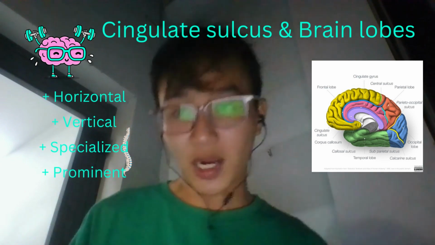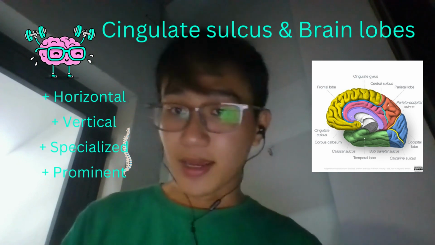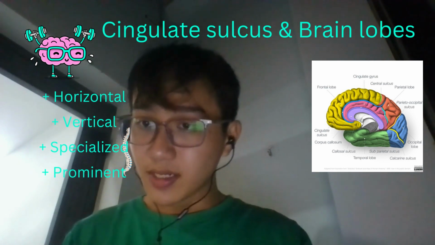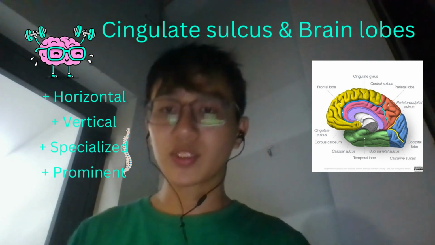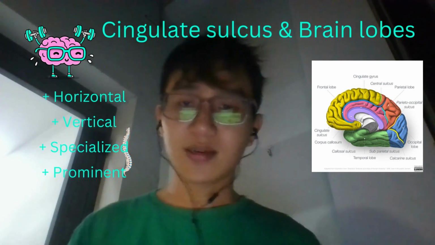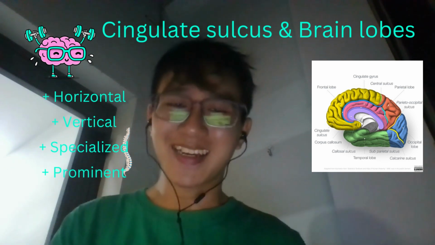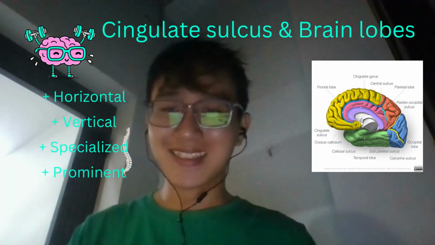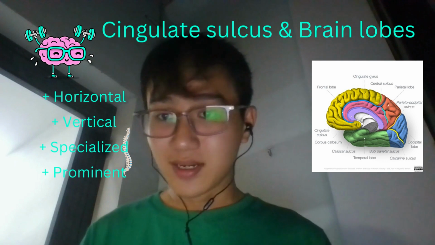So that's that. And the cingulate sulcus is adjacent to the cingulate gyrus. The cingulate sulcus is like a furrow, and the cingulate gyrus is the ridge.